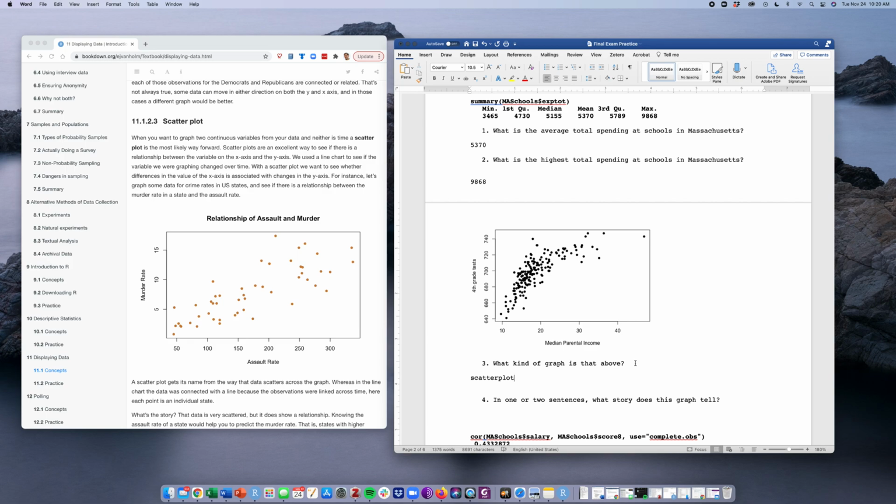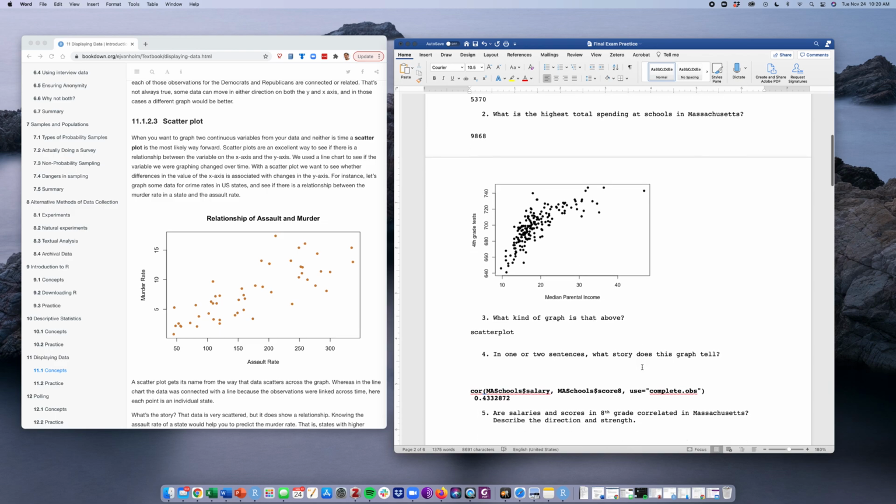Then I ask in one or two sentences, can you tell me the story of this graph? There's a lot of different sort of specific ways you can write it, but generally what this graph is showing is that as median parental income gets higher, fourth grade test scores get higher. And if at the lower end, they're both lower. And so there is a positive relationship for median parental income and fourth grade tests.